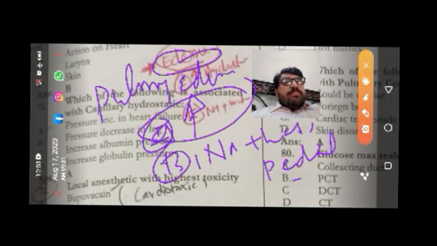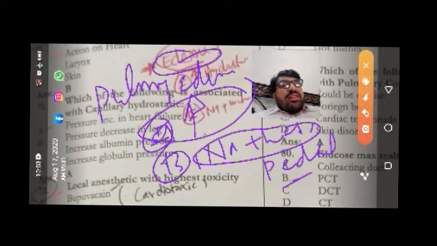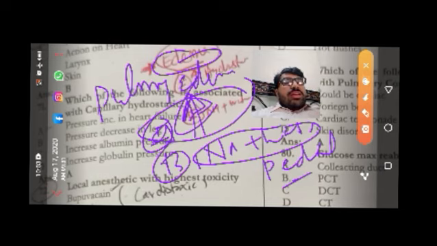That is sodium and water retention. Same MCQ: a patient is having pedal edema, but he is in congestive heart failure. The answer is increased hydrostatic pressure, because the back pressure is increased, and it causes an increase in hydrostatic pressure.